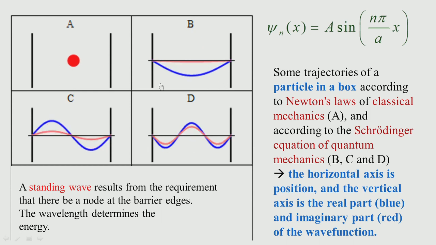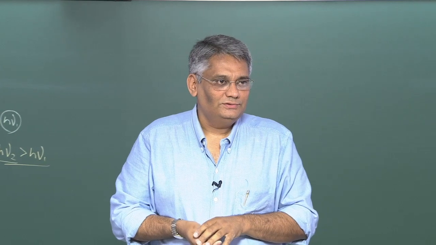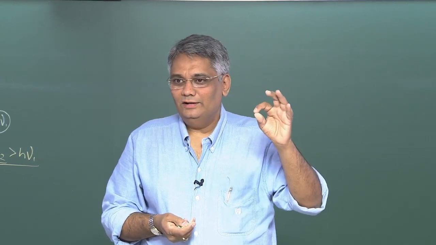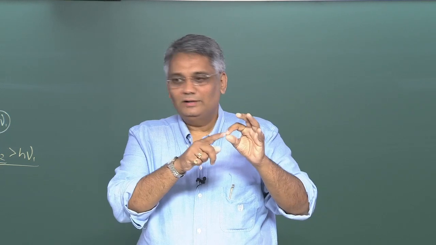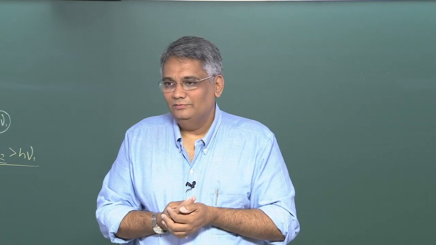This particle now is confined between these two walls, these two boundaries, these two potential barriers. So it's like creating a node on one side, so that when the particle moves across, what you should observe is standing waves.